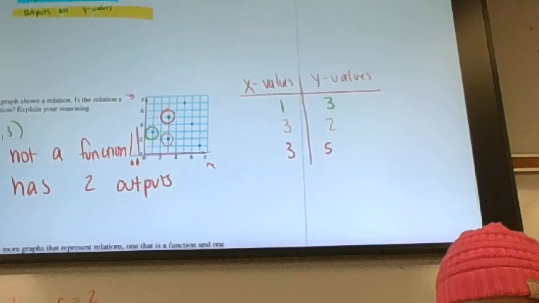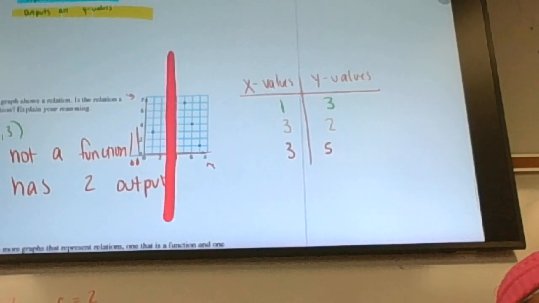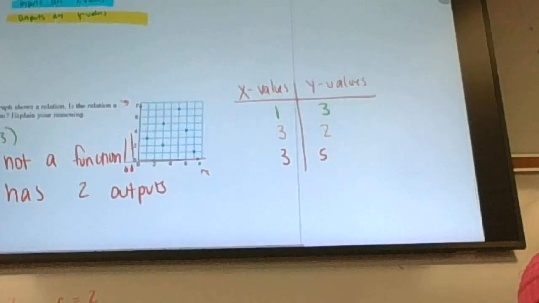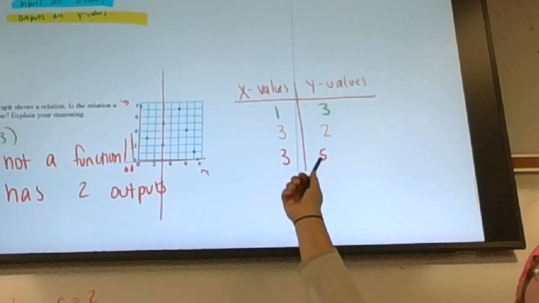Okay, the other way: have you guys heard of the vertical line test? You draw a line up and down. If you can draw an up and down line and it hits 2 points, that's when you're going to see this x value has 2 y values.